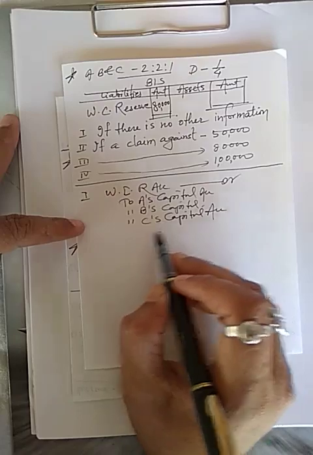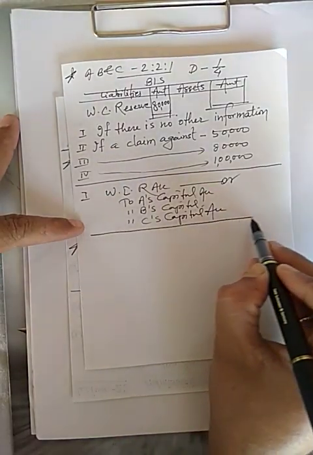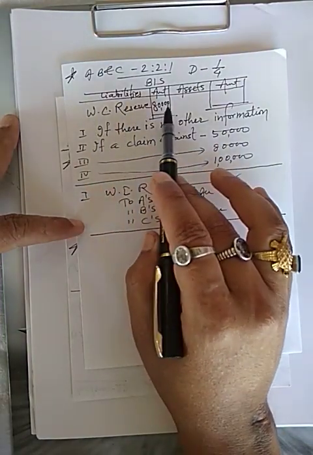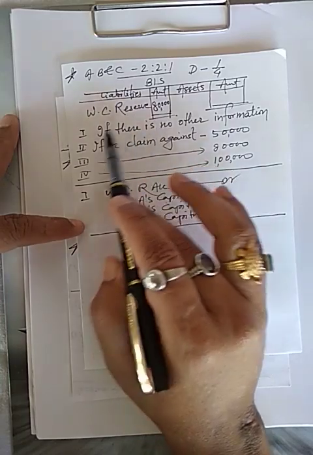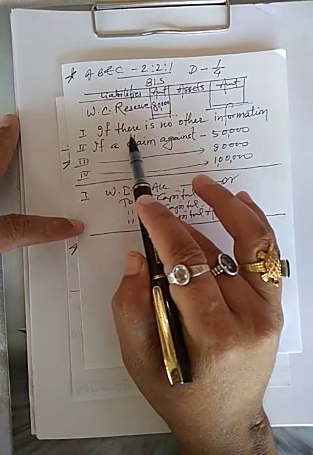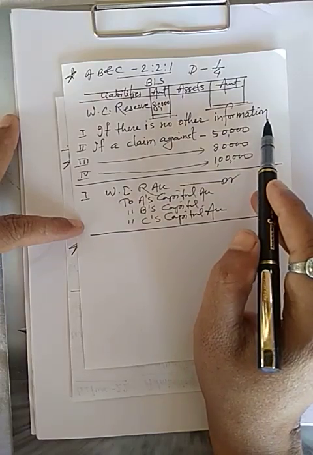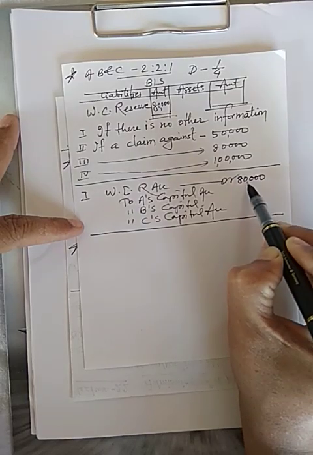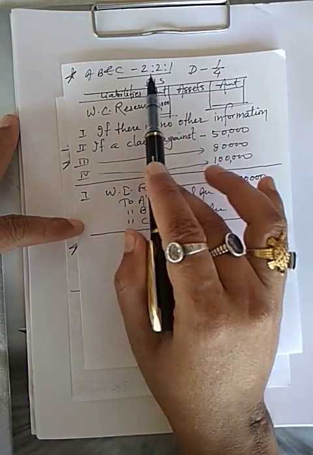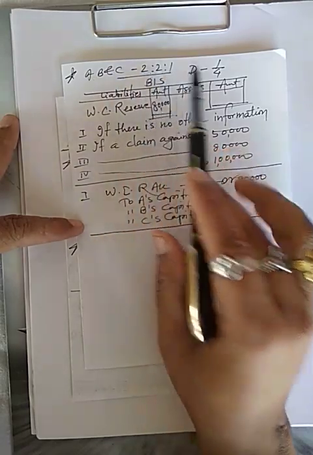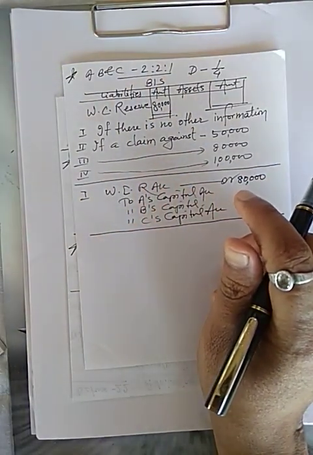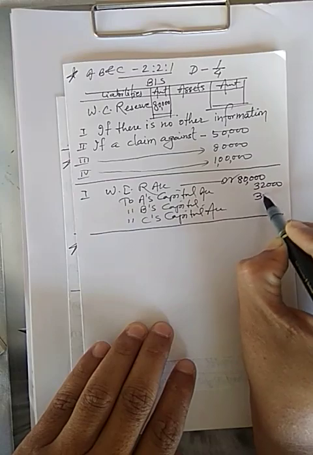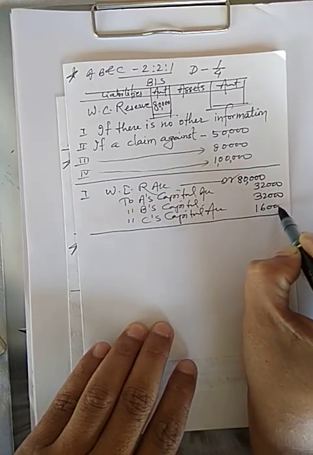Being workmen compensation reserve credited to old partners. It is given in the balance sheet as 80,000, and the first case says if there is no other information, so it will be directly distributed among the partners. 80,000 will be shared by A, B and C in 2:1:1, so it will be 40,000, 20,000 and 20,000.